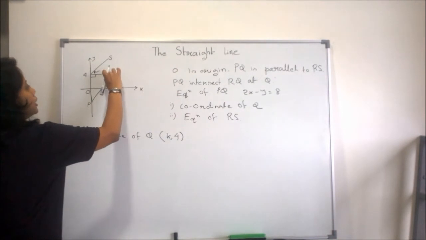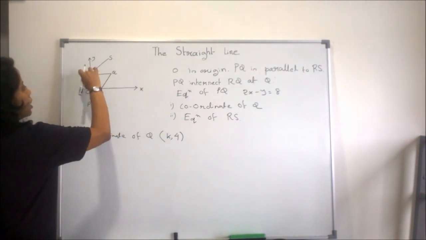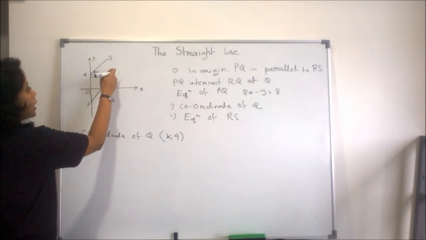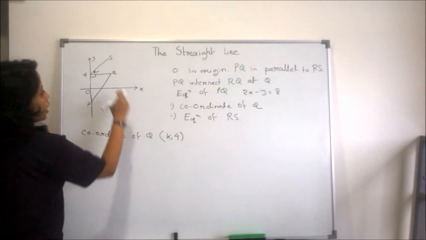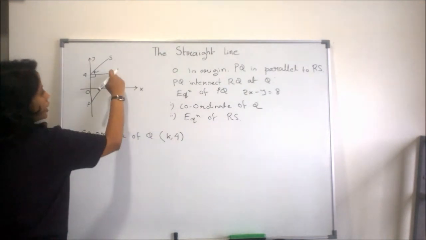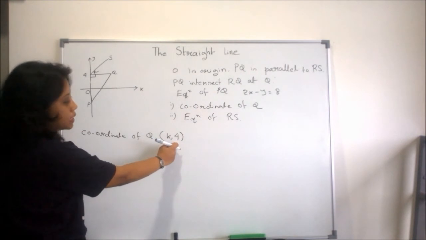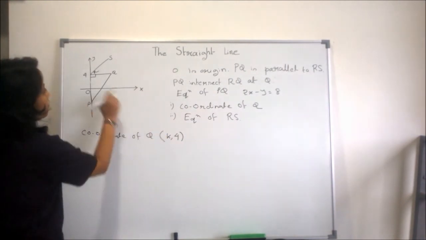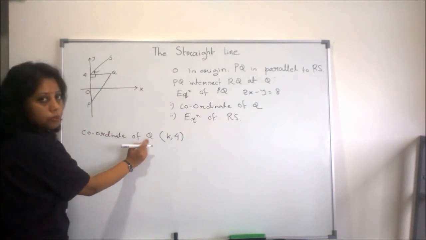Because this distance is 4. This is perpendicular, that means this distance and this distance are equal. So the y coordinate must be 4, and we have to find out the x coordinate of the point Q.